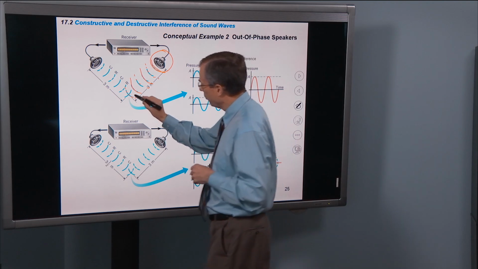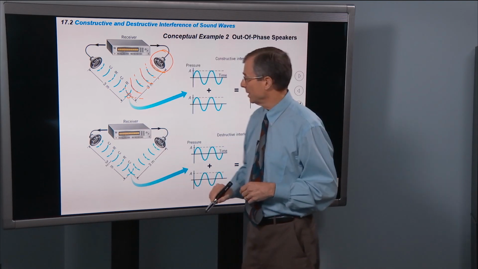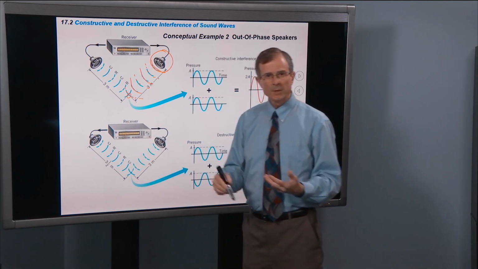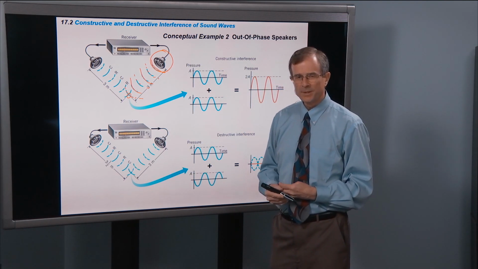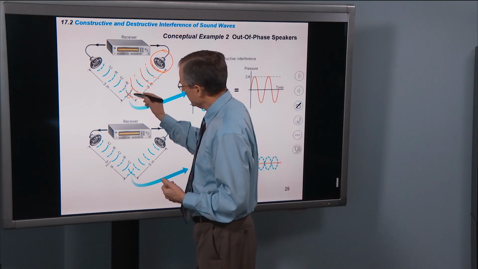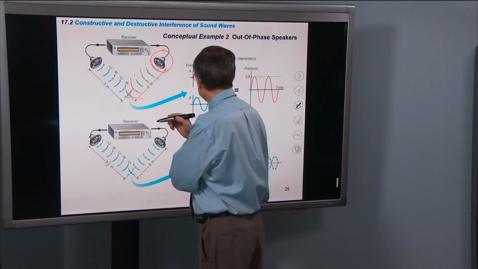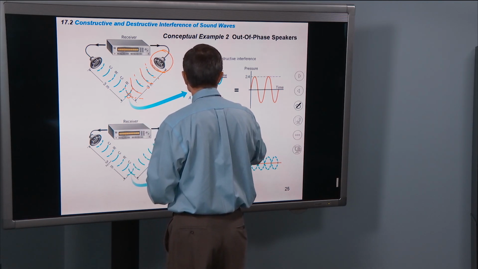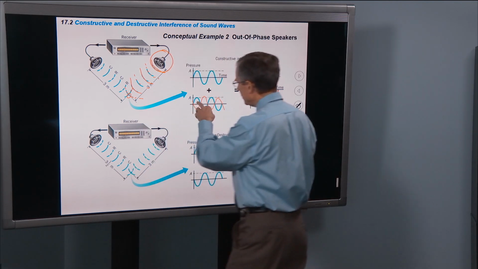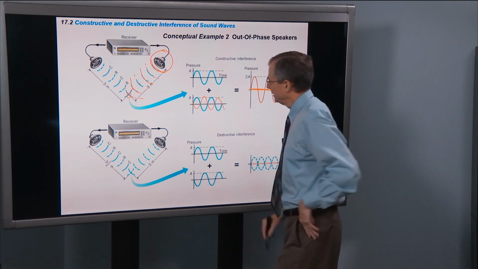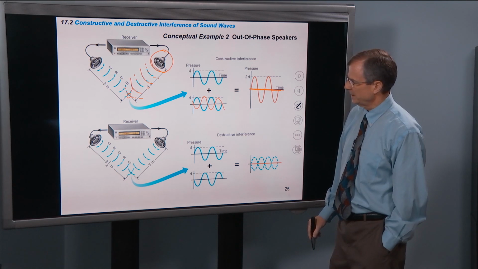Now, at this point that we looked at before, that's the same distance from both speakers, where we would have had constructive interference, we now have a crest and a trough meeting, and we get destructive interference. So this blue curve gets replaced by the red curve, and we get cancellation at that point.